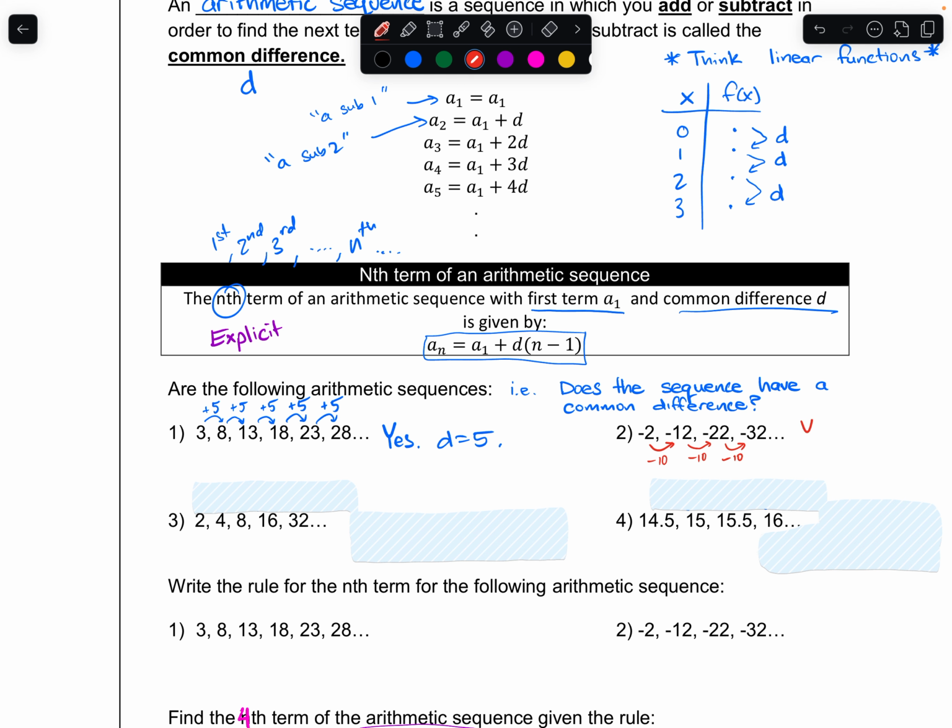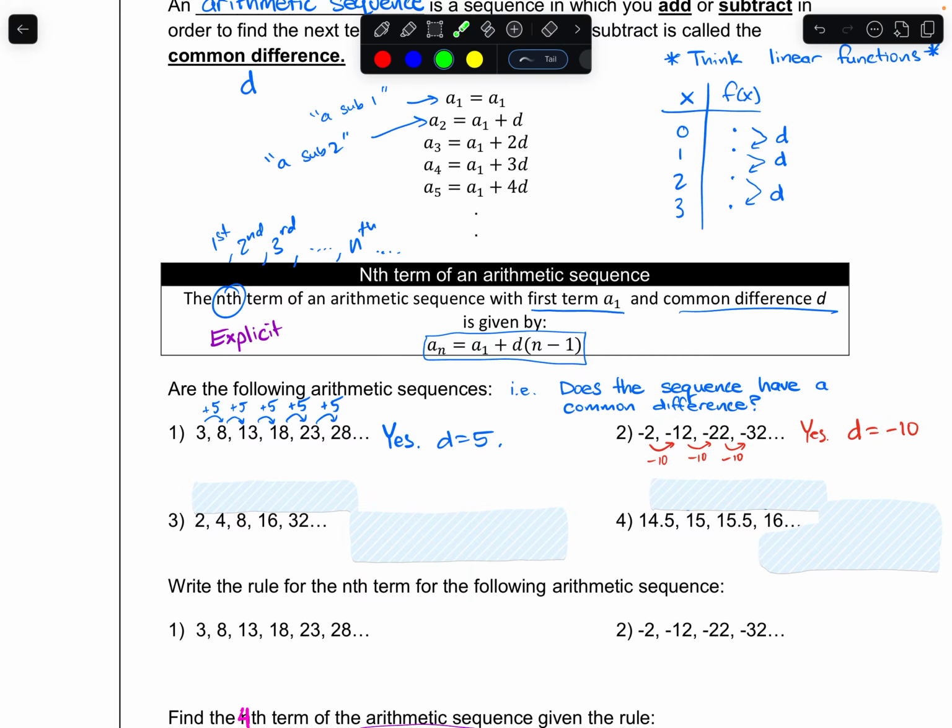So yes, this is arithmetic because the common difference, D, is -10. Even though you could say you're subtracting from one term to the next, I want you to start thinking of this as adding the common difference as you go from term to term. So we're really adding -10 to get to the next term. But it is definitely arithmetic.